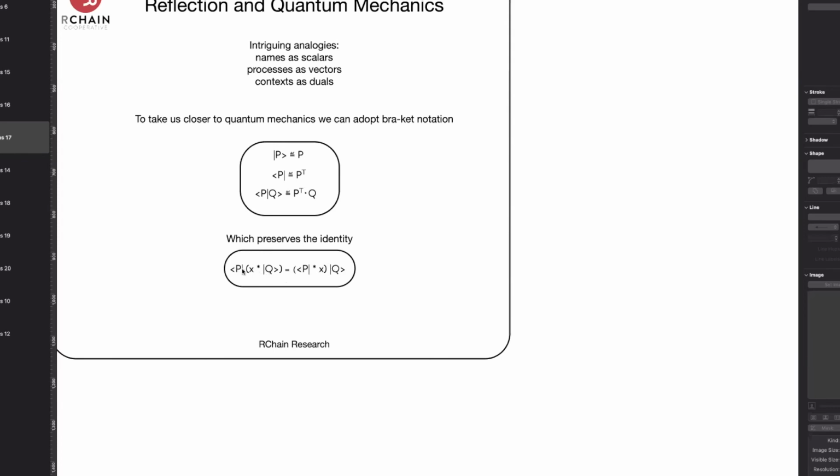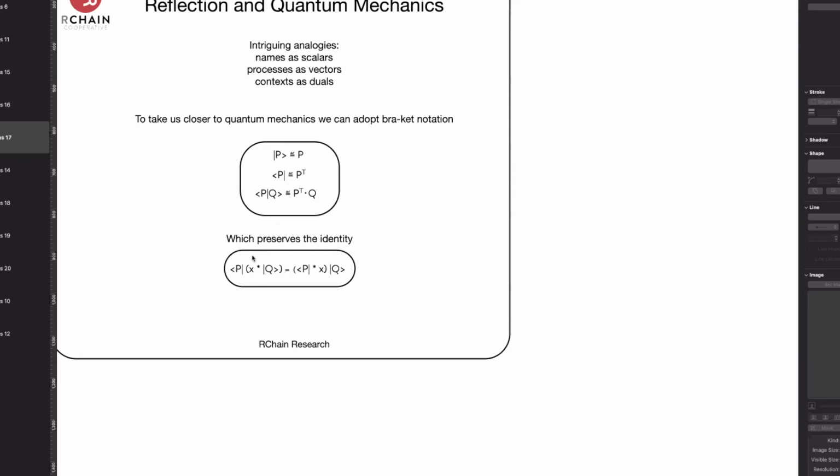So if I take some name and I multiply it times a cat, and then I take the bra with that cat, it's the same as if I multiply X times the bra, and then I take the inner product of that bra with Q, the cat Q. So that gives me the right to extend this notation in the exact same way that it is normally extended.